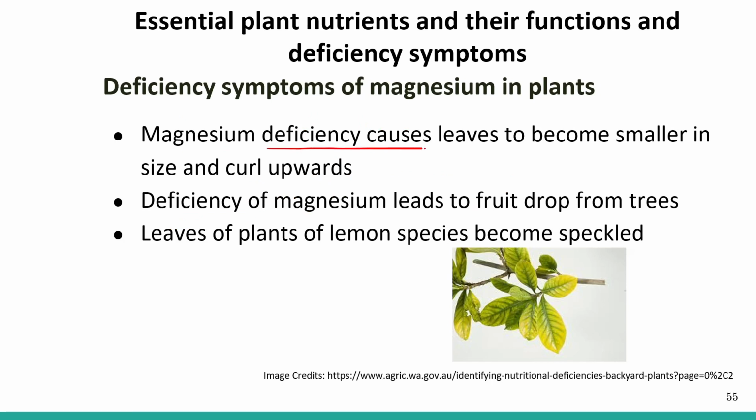Magnesium deficiency causes leaves to become smaller in size and curl upward. So here the leaves become quite smaller in size. Suppose this is the normal leaf, quite smaller in size, and also curl upward, like this. Smaller in size and curled upward.